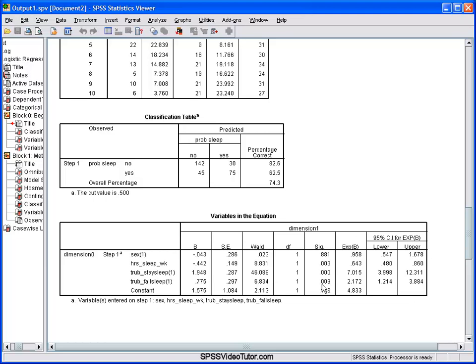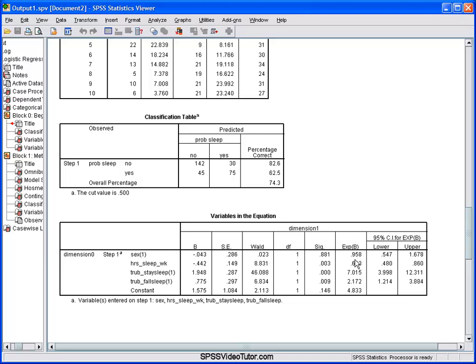Next, we see the column labeled exponentiated B, or the exponentiated coefficient. And this basically tells us the odds ratio for each of the independent variables. Okay, so said another way, the odds ratio is the change in the odds resulting from a unit change in a predictor.